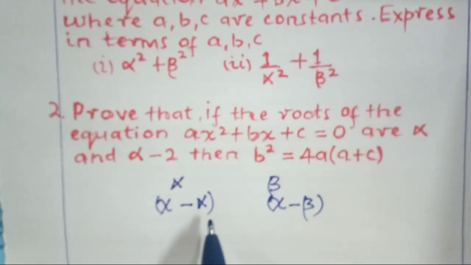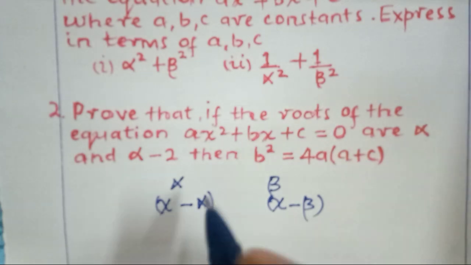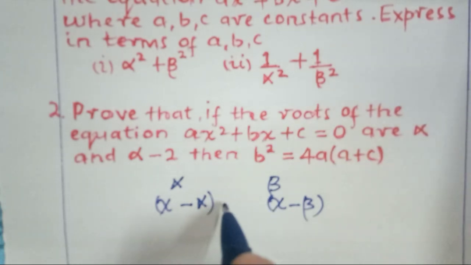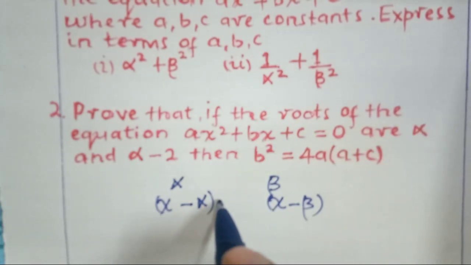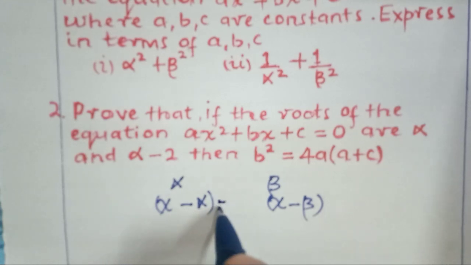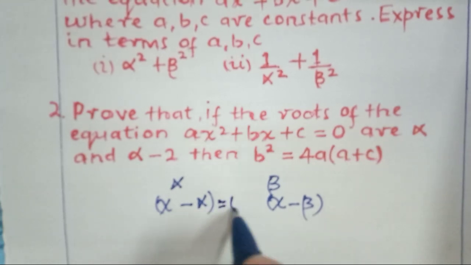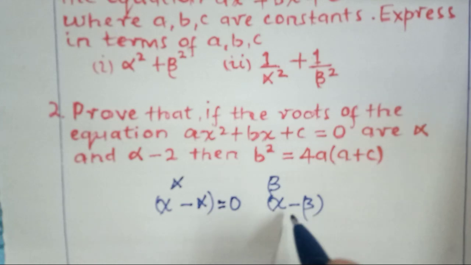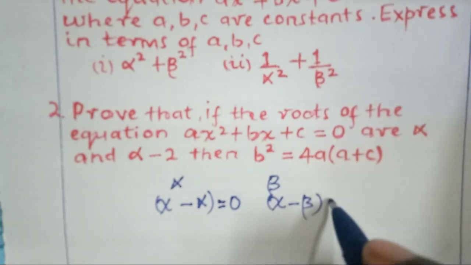For you to understand, when we are doing quadratic equations, we usually come and say x minus a constant gives us 0, or x minus a constant gives us 0.